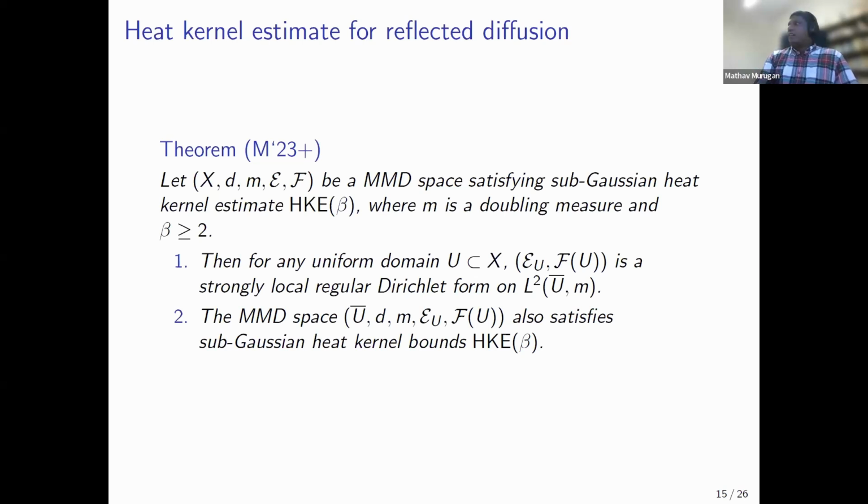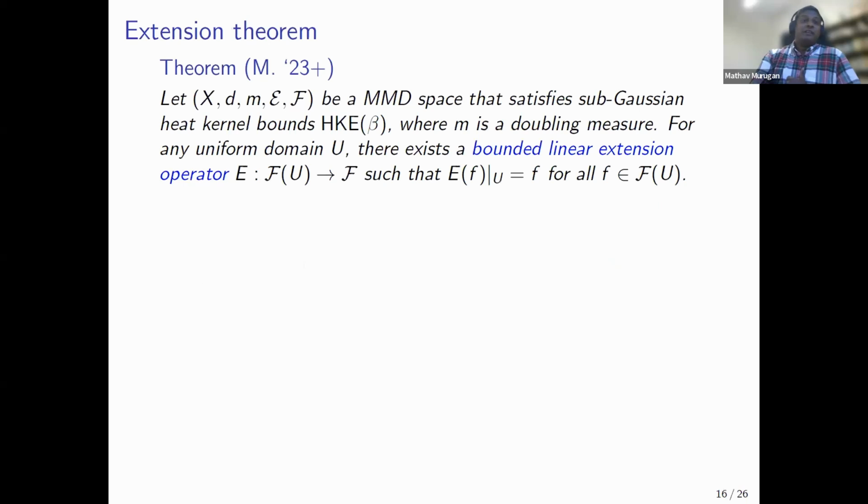In the next few slides, I'll tell how this theorem is proved. In fact, the main tool to prove this heat kernel estimate is what's called the extension theorem. Again, we are in the same setting.